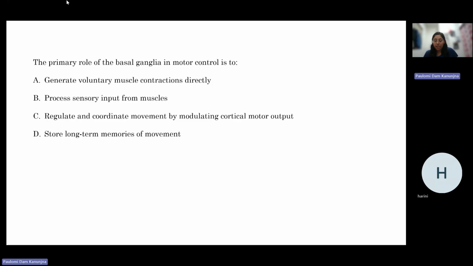For example, basal ganglia. Which of these is a function of basal ganglia? You should try and remember that.